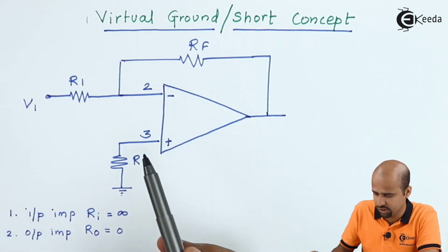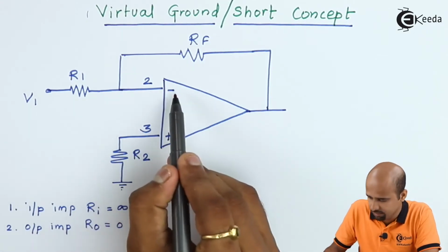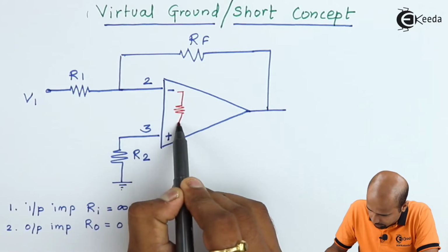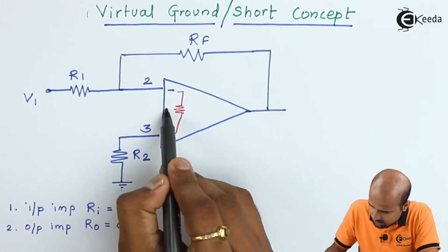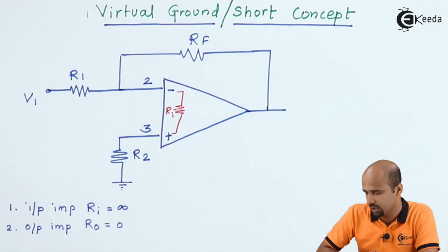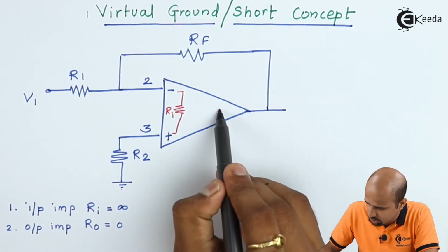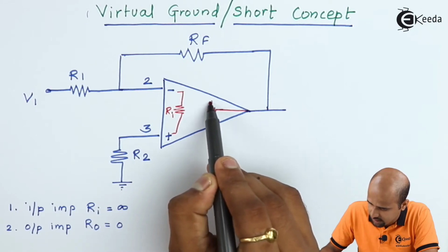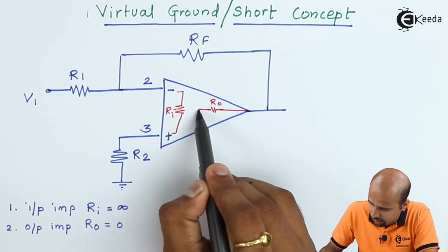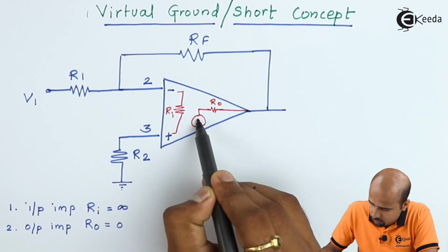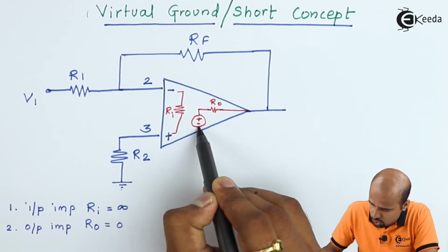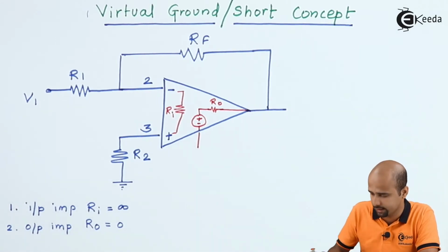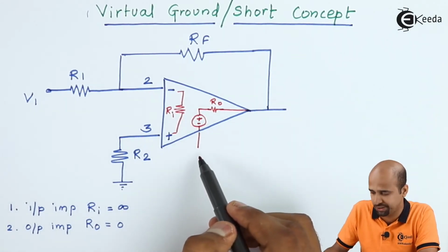Internally this circuit looks like this: the second pin is connected with the third pin through input resistance Ri, and the output is internally connected with one resistance, that is Ro, which is again connected with a voltage source, and then it is connected further to either minus VE or ground.